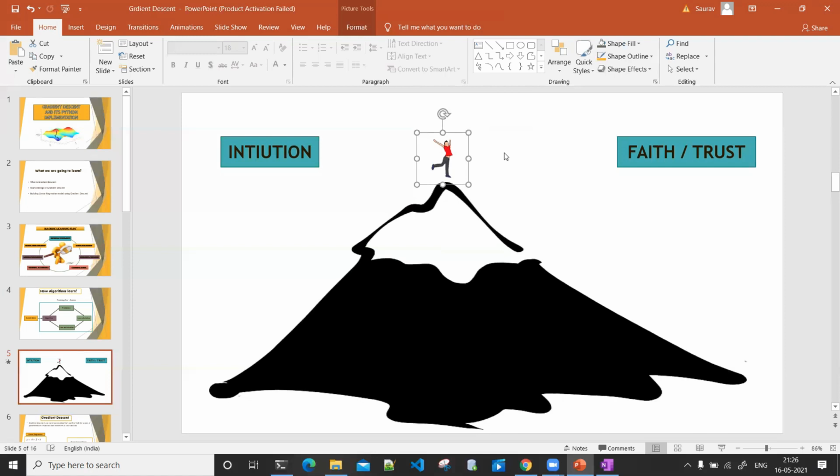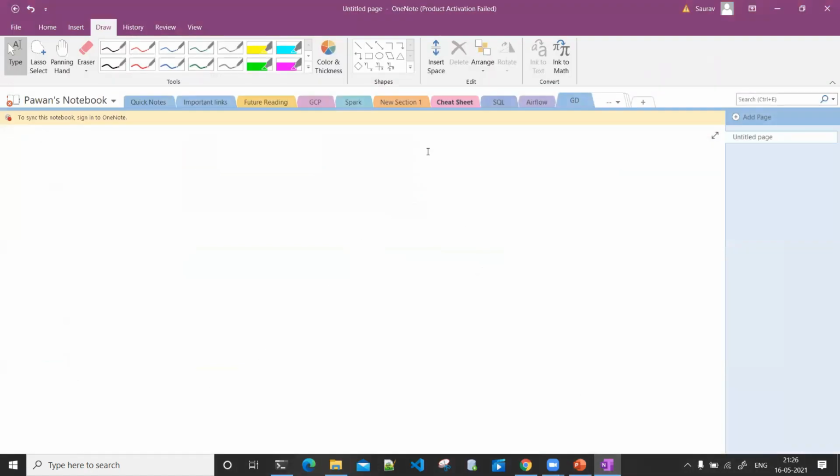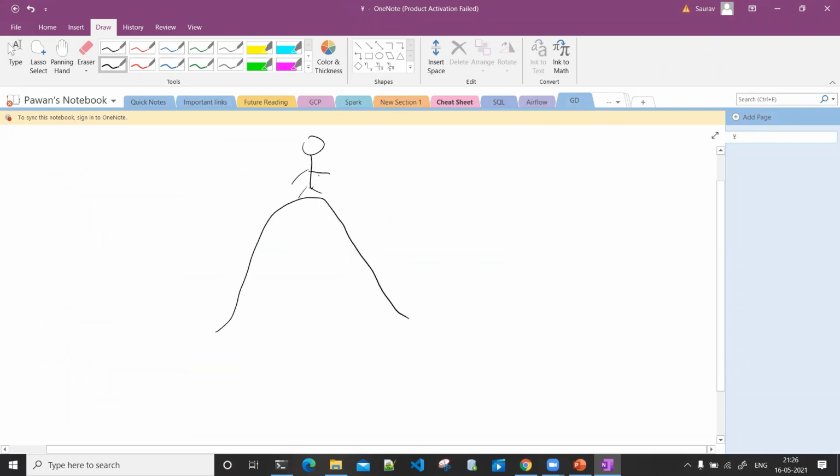Now he wants to descend. He wants to go down here, but he can't see that. So what does he have to do? Even if you imagine yourself on a mountain and you can't see, the first thing you need is an intuition about whether where I'm standing has a steepness.